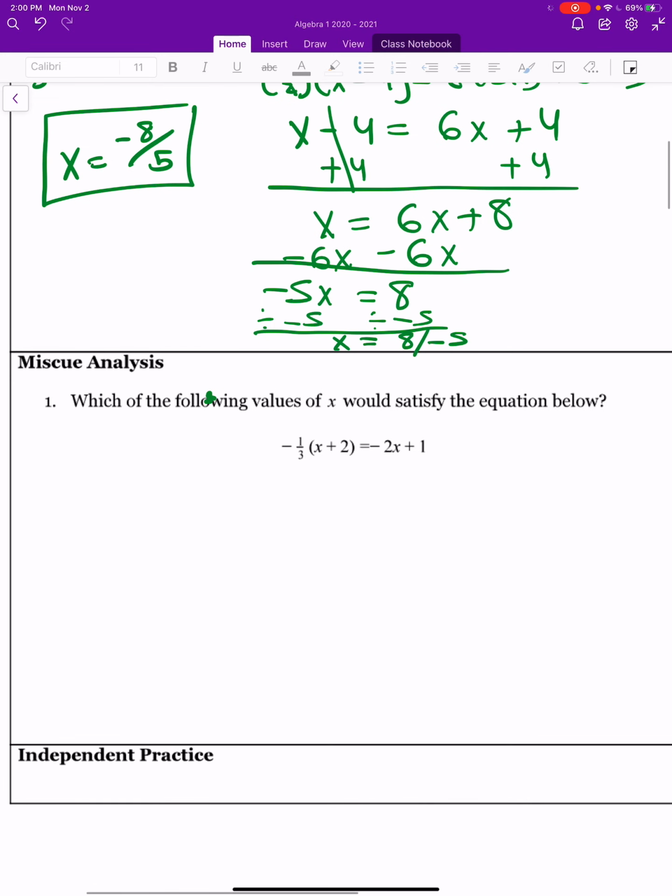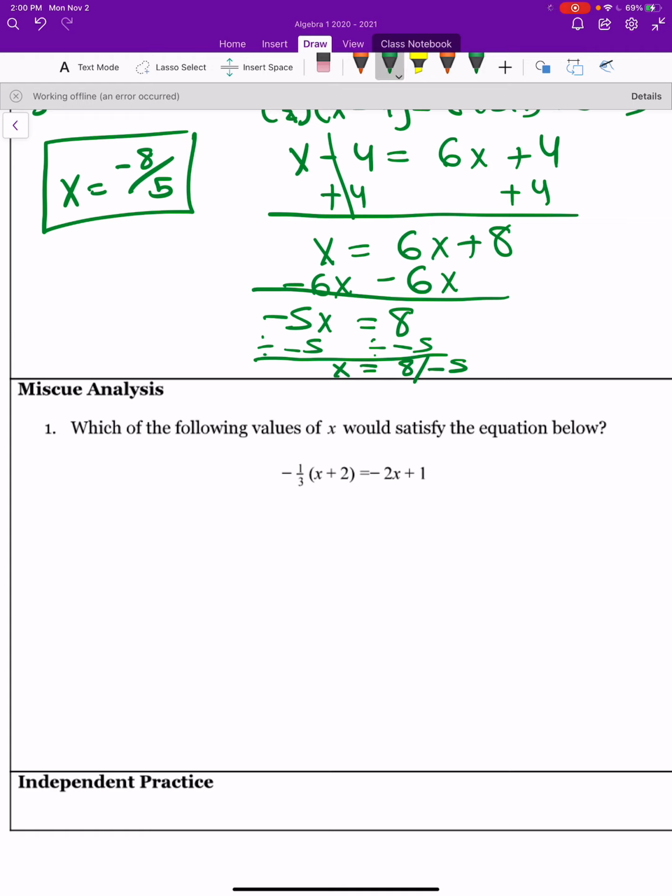Now let's get into a miscue analysis, meaning we're going to find a miscue, an error within reason of how to solve for these types of problems. I'm going to silently answer this. You're going to watch what I do, and you're going to find the miscue.